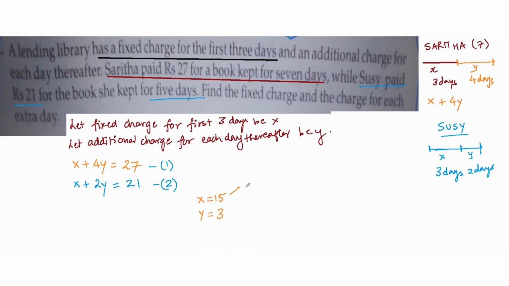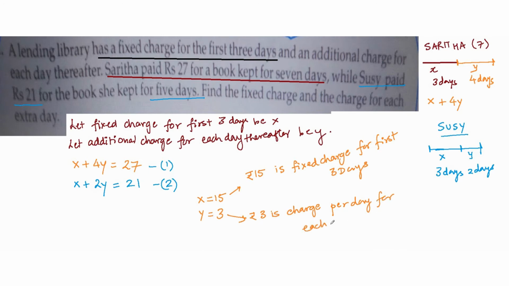That means 15 rupees is the fixed charge for the first 3 days, and rupees 3 is the charge per day for each day thereafter.